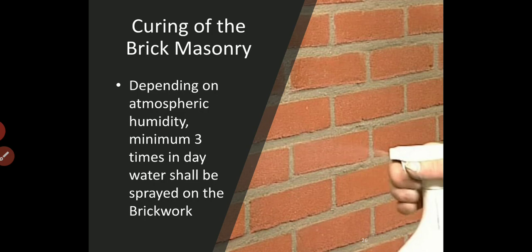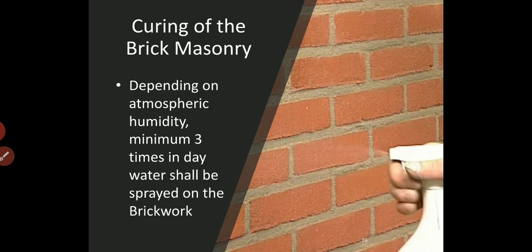And the last is curing of the brick masonry. Finally, for any kind of construction, curing plays a very important role in a good lifespan. So proper and enough curing helps to achieve the desired strength of the mortar used, and thus of the brickwork as a whole.